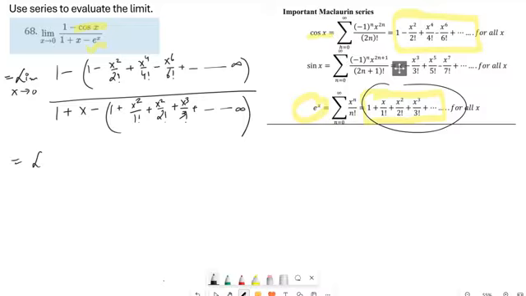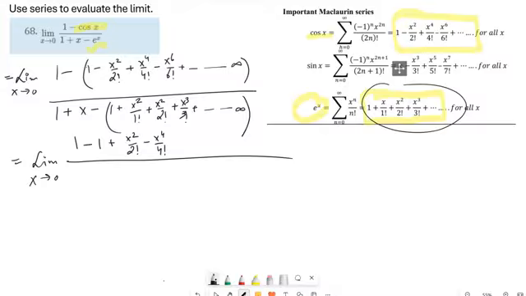Okay, limit x approaches to 0, 1 minus, when I open the parenthesis, sign of everything changes, so negative 1 plus x squared by 2 factorial minus x4 by 4 factorial plus x6 by 6 factorial minus so on to infinity. In the denominator, 1 plus x outside minus changes signs of everything inside, so every term becomes negative.